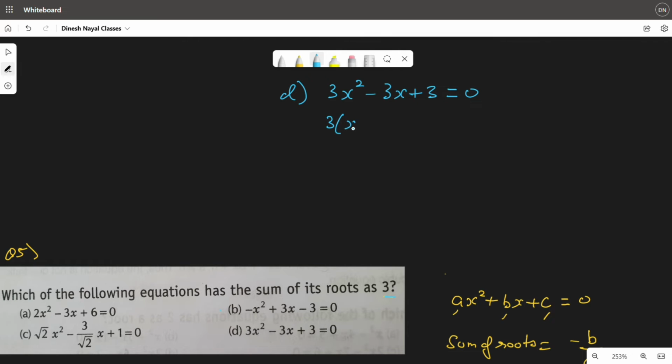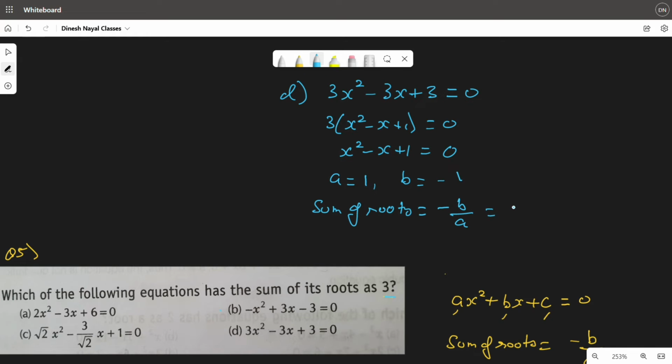So that is x square minus x plus 1 equals 0. Over here what is a? A will be 1, b will be minus 1. Now the sum of roots equals minus b by a. So that is minus of minus 1 by 1. So that equals 1. So again 3 is not the sum of our roots.